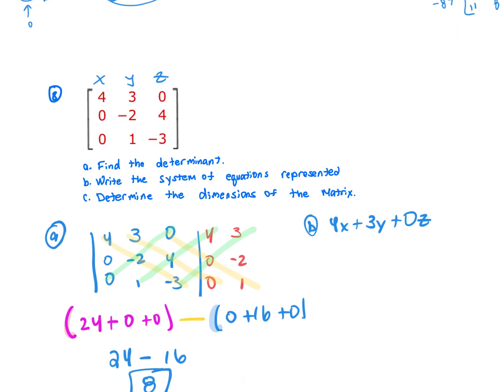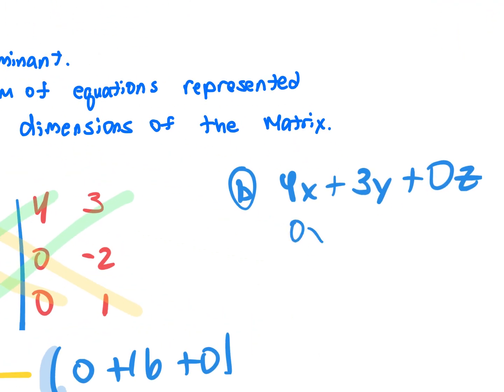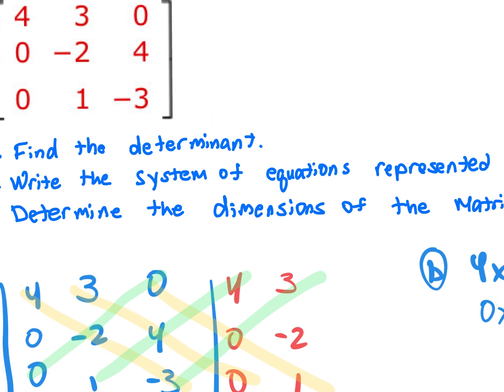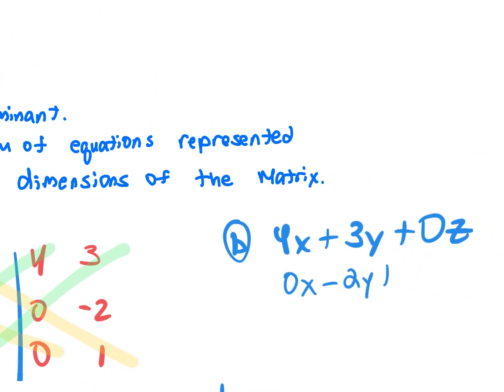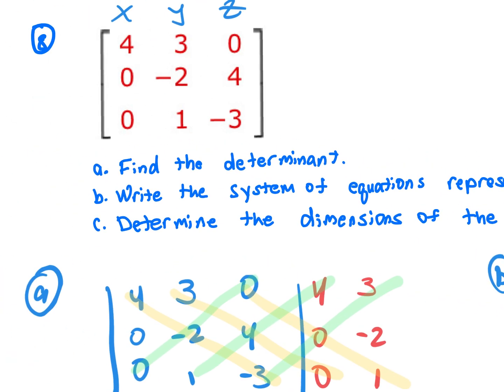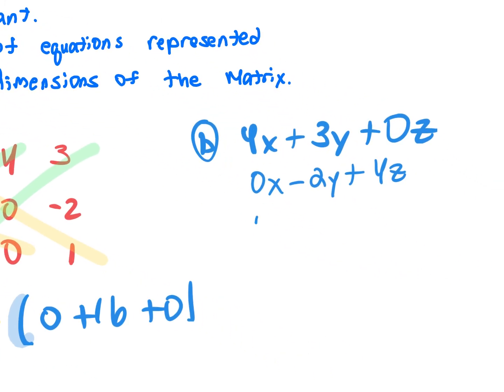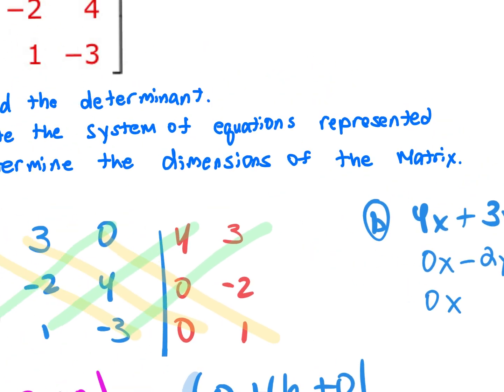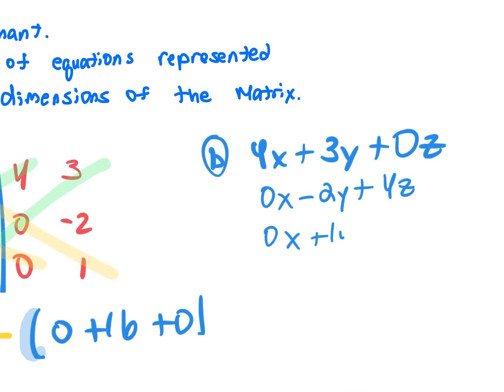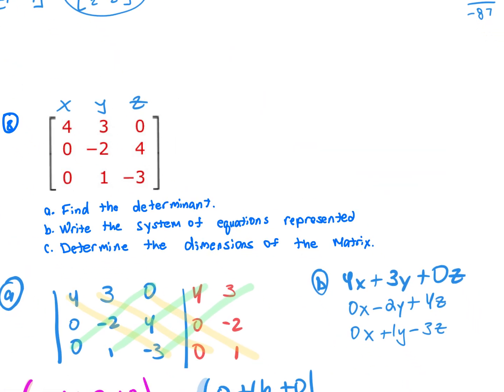My second row would be 0x minus 2y plus 4z. And then my last one would be 0x plus 1y minus 3z. And again, if there was another column over here, this would be your answers, whatever numbers. So you have your answers.